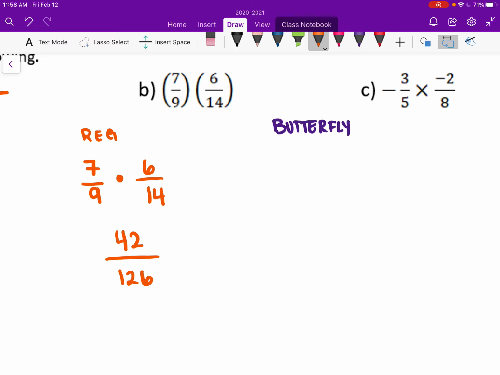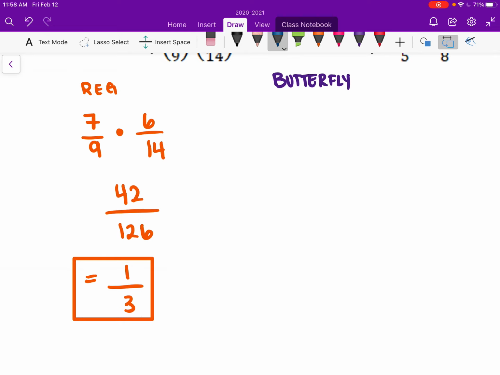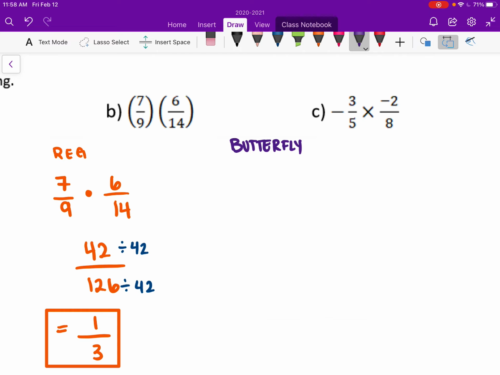I can divide both of these by 42, I think. So 42 divided by 42 will just give me 1. 126 divided by 42 will give me 3, so I have 1 over 3. So I'm just going to go here, say divide by 42, divide by 42. Okay, and then I'm going to do the butterfly method.